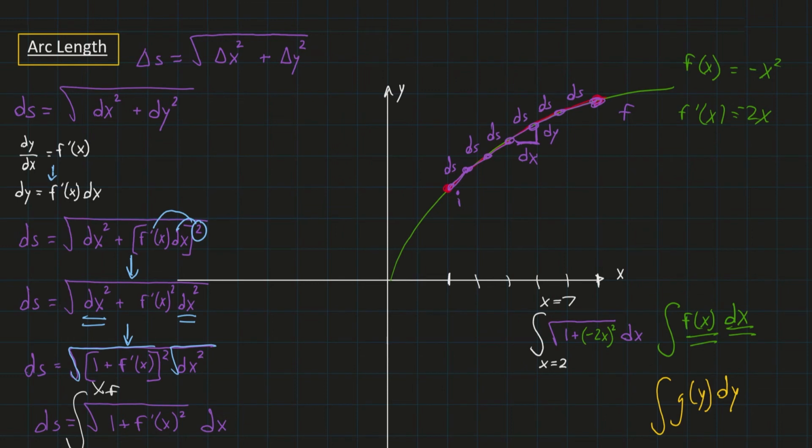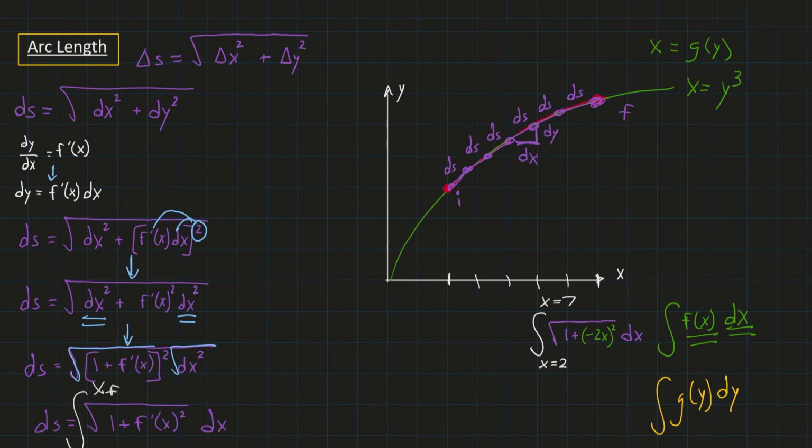Now, sometimes a curve is not given in terms of x. Sometimes it's given in terms of y. So maybe this curve is given as an equation of y, and the name of the equation is g. And let's just give it a concrete example. Maybe x is equal to y cubed, let's just say.